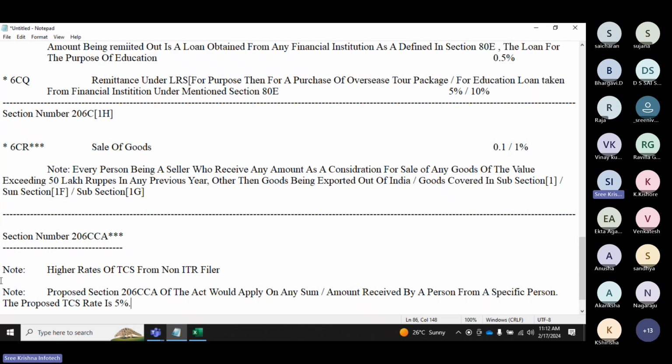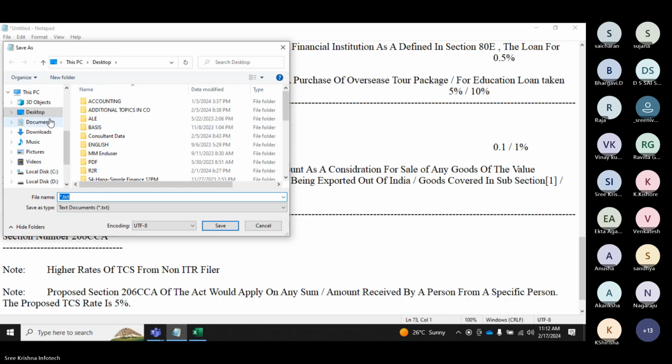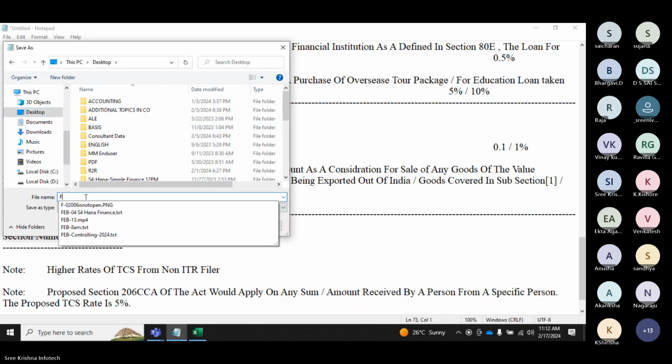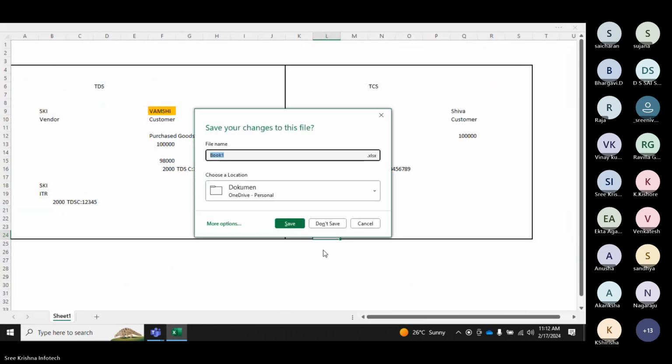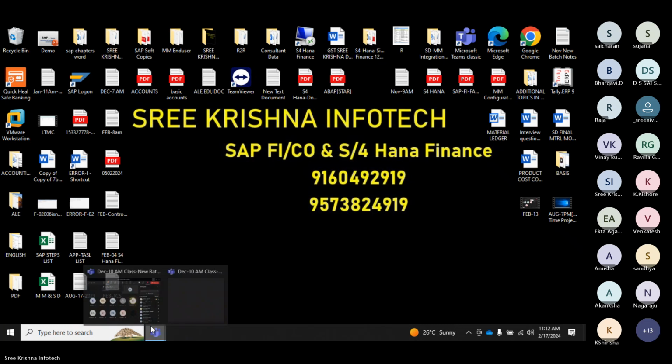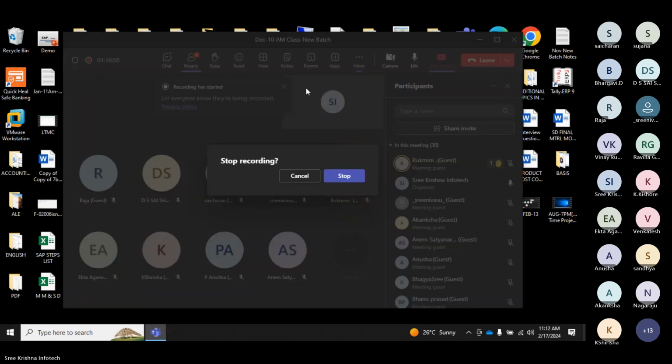The configurations. And any questions from TDS? Any questions? No, sir.